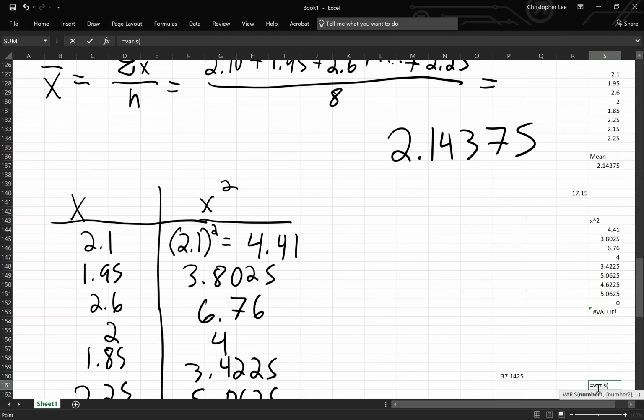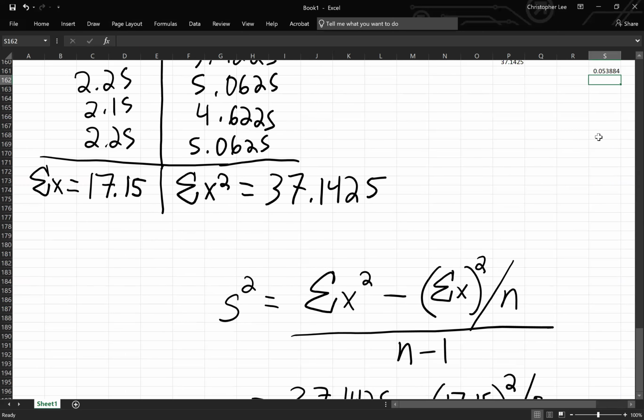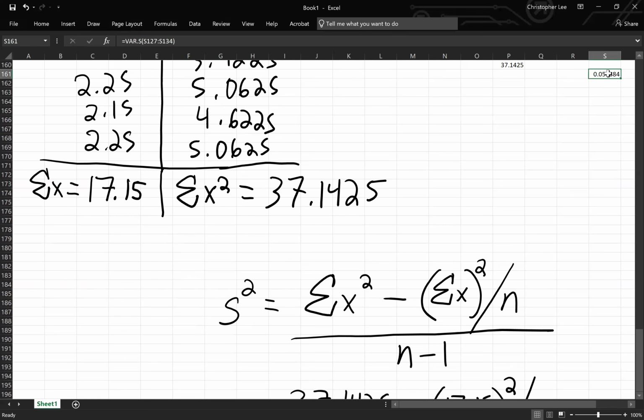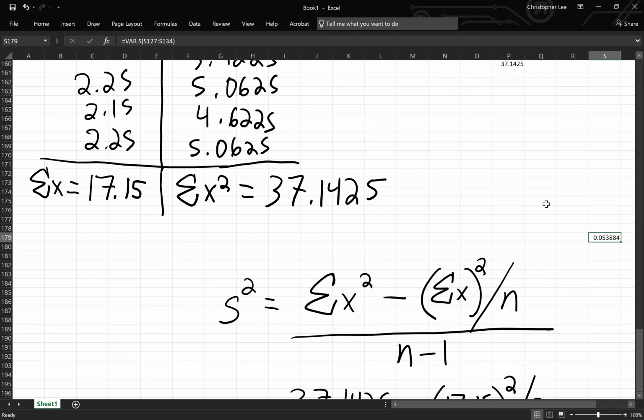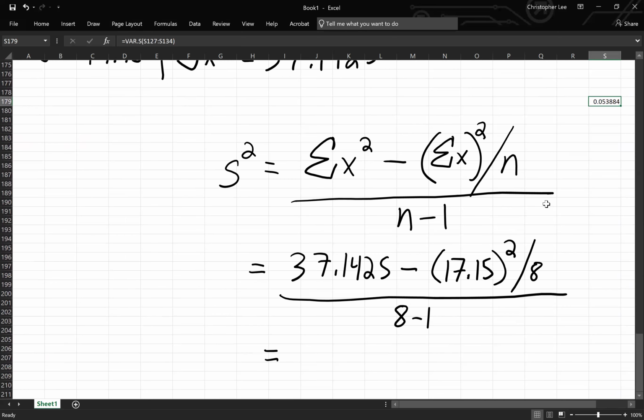And yes, I'm like hella cheating if you're wondering. When you do it in the calculator, you should get 0.053884. That's the variance.